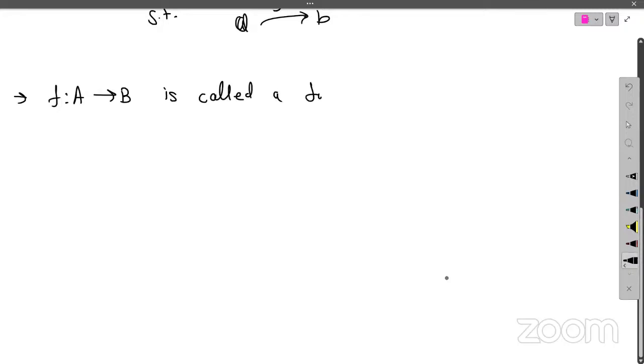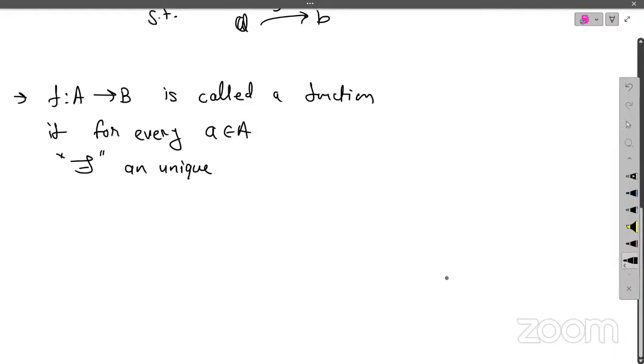So the definition of a function looks something like this. If f is a map from A to B, then it is called a function if for every a in A there exists, this is the sign for there exists, you can learn it now, a unique b in B in such a way that f will map a to b.